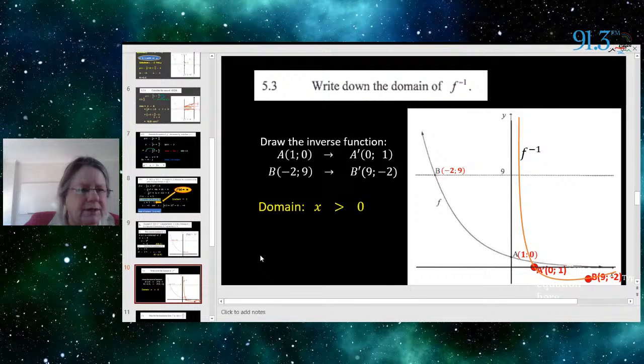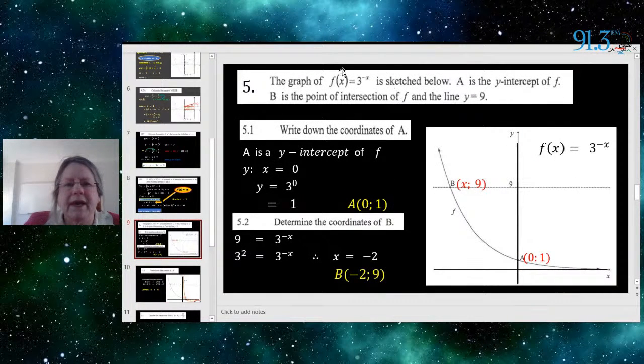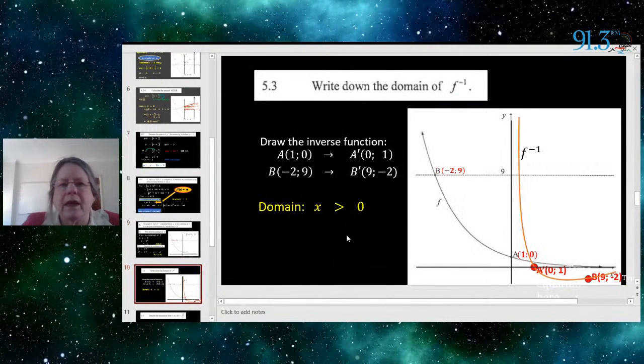Just go back to it. See, f is an exponential. And the inverse of an exponential function is a log function.